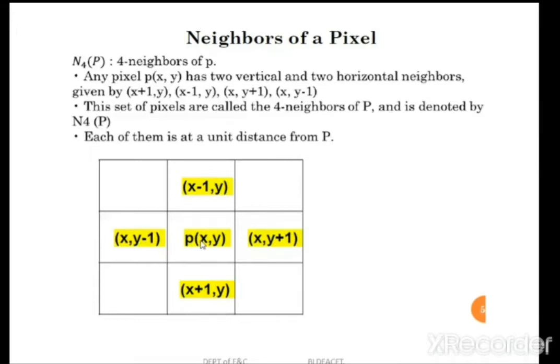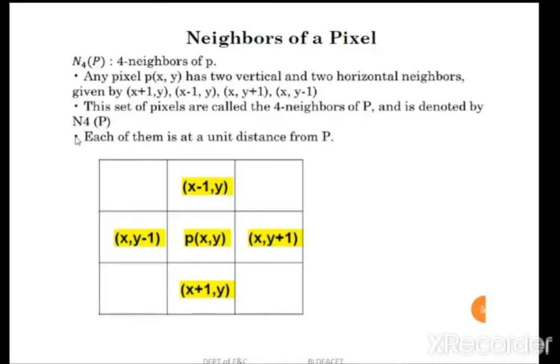Okay. Their locations are given by X plus 1, Y, X minus 1, Y, X, Y plus 1, and the pixel at location X, Y minus 1. So these 4 pixels, they are denoted as N4 of P. That is 4 neighbors of the pixel P.